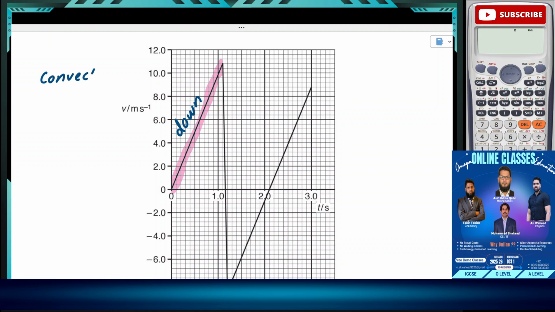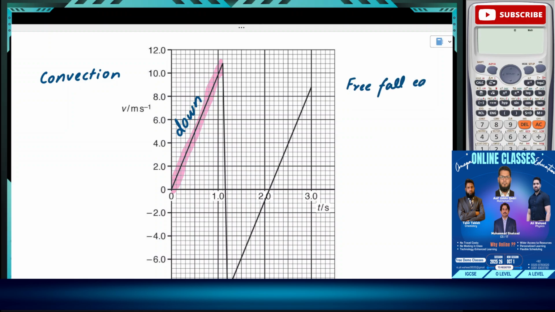Like I told you, in most of the questions, like 9 out of 10 questions, whatever the initial direction of motion is, that is taken positive in the graphs. However, when you're using the convention for the four equations of motion, I said take downward velocity negative, upward velocity positive, and take the value of g negative always, minus 9.81. That was the convention for free fall. Equations for free fall.